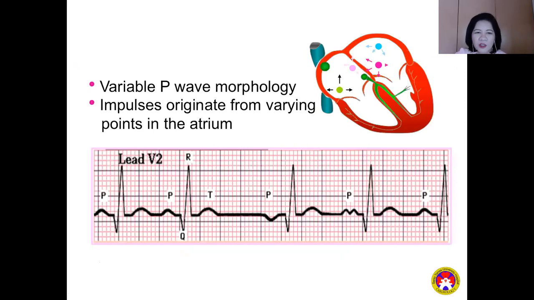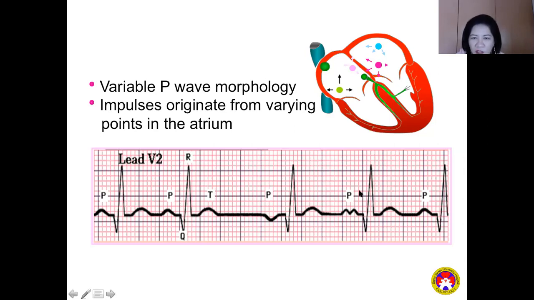Okay. How about this one? In this case, we see PQRST, PQRST, but at a glance, you see that the distances or the intervals are different. This one is shorter, this one is longer. And if you look at the P waves, there are different P waves here. This is different from that one. This one is different from this one.